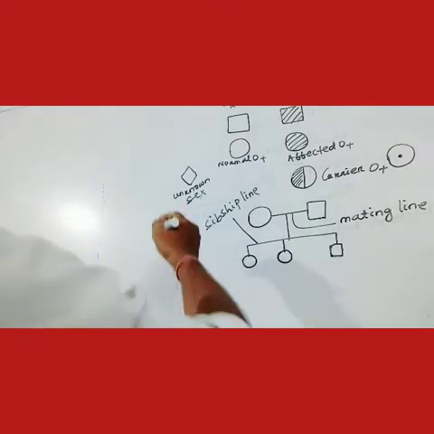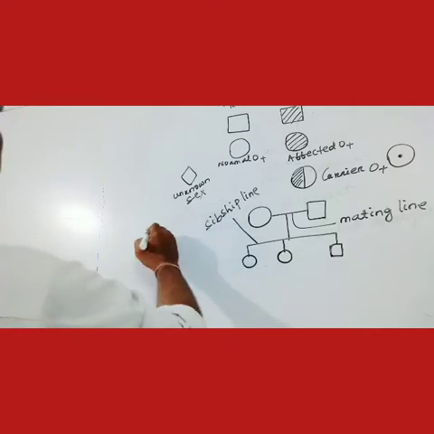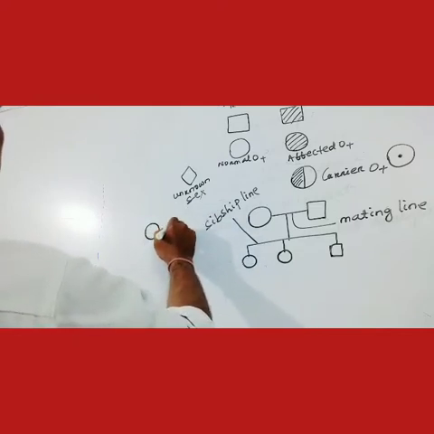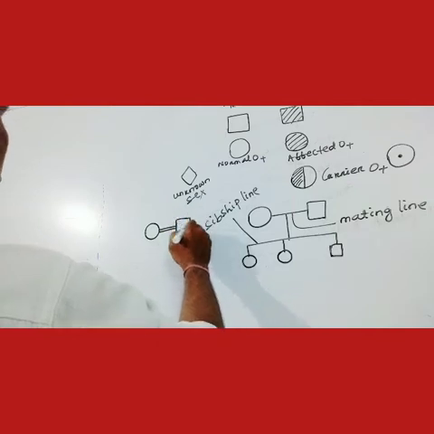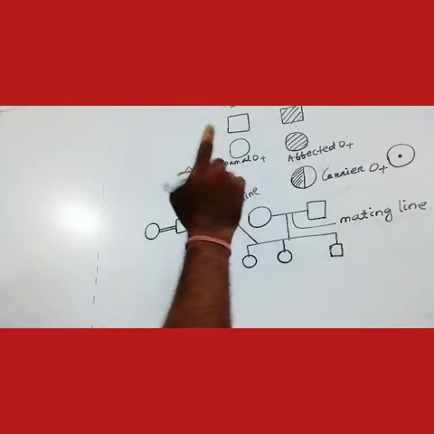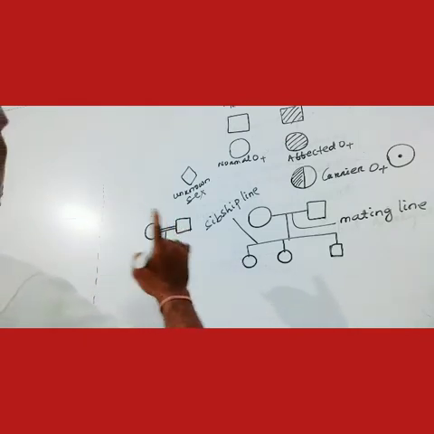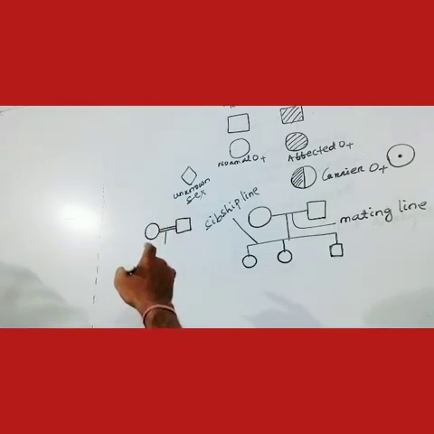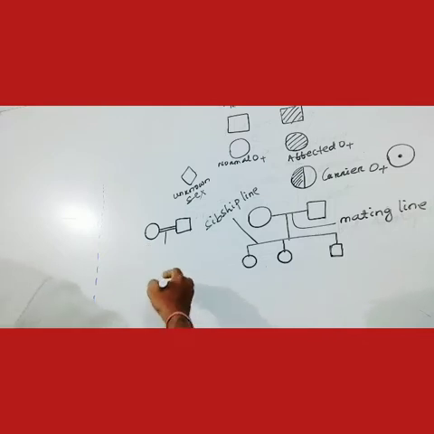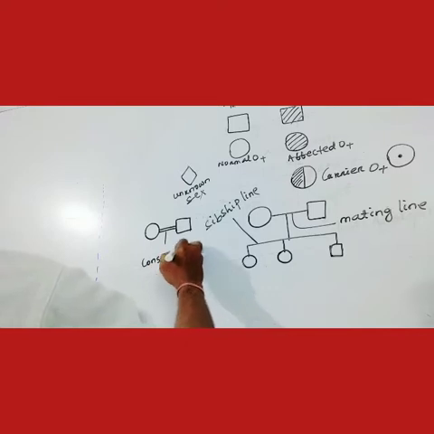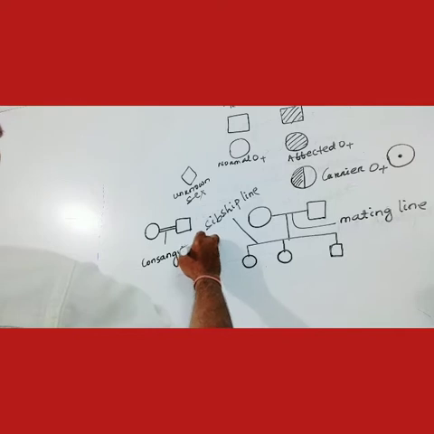When there are 2 lines in the mating line, it represents marriage between blood relatives, which is genetically called consanguineous marriage.